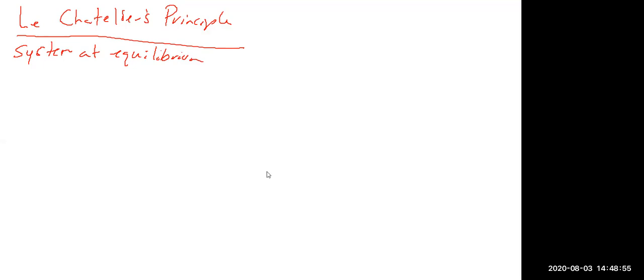But then you do something to it and you add a stress to the system. And when you add that stress to the system, it really messes up the equilibrium. And when it messes up the equilibrium, it causes it to no longer be basically going back and forth at the same rate.